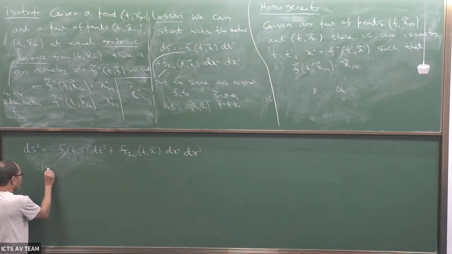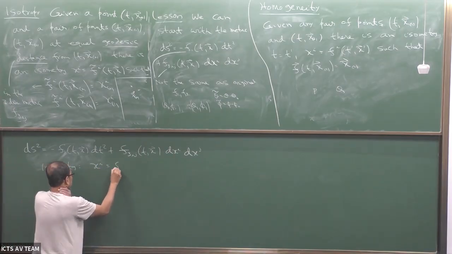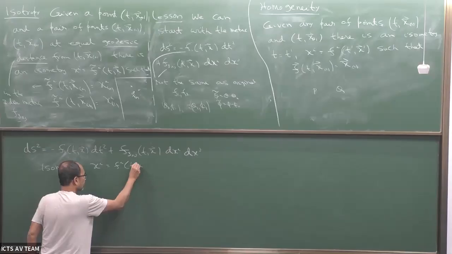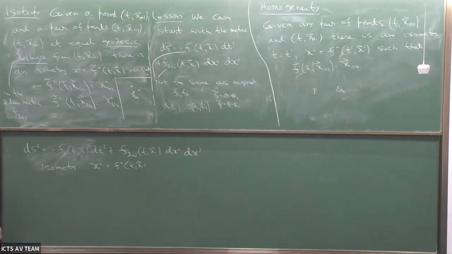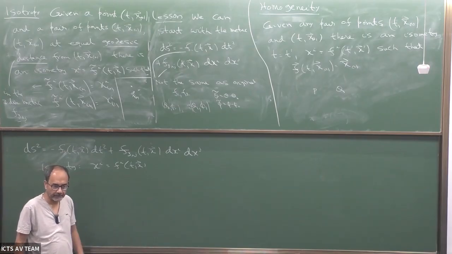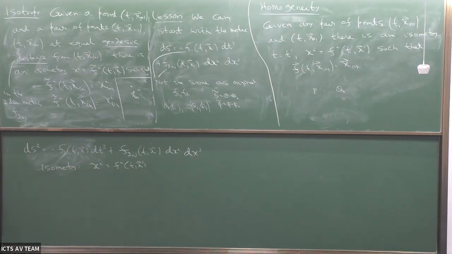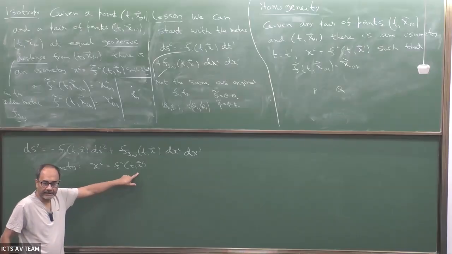Let's suppose that the isometric transformation is x^i = f^i(x), some isometry. Then x prime. You want the metric to look the same in terms of x prime. That's the meaning of it being isometric.